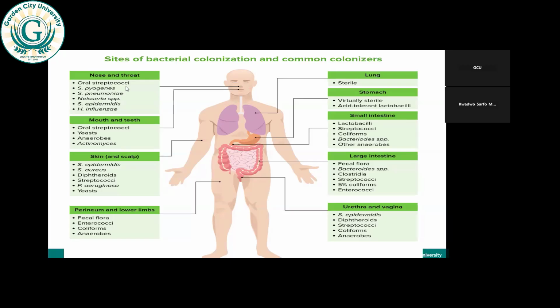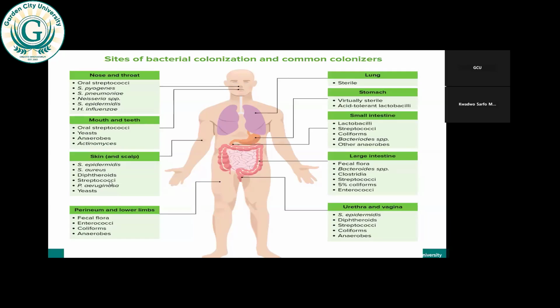But finding them in other sites could be a problem. So Staphylococcus epidermidis, Haemophilus influenzae, also in the throat. But once they get into the cerebrospinal fluid, it is a problem. The same for some of the yeast, these are not bacteria, these are fungi anyway.